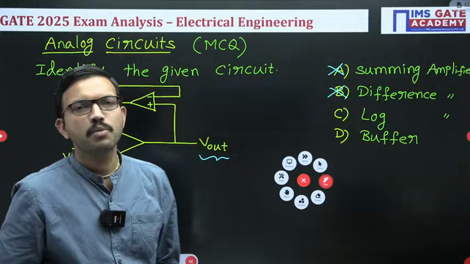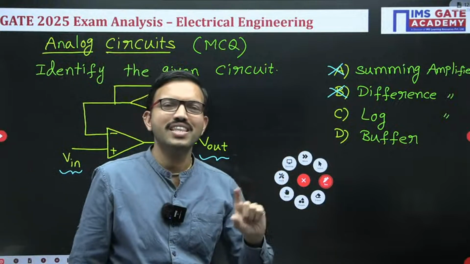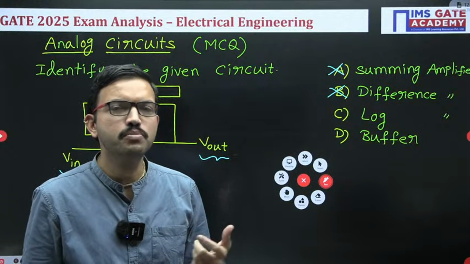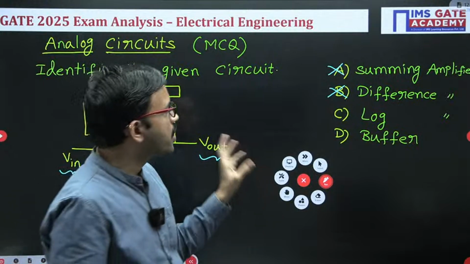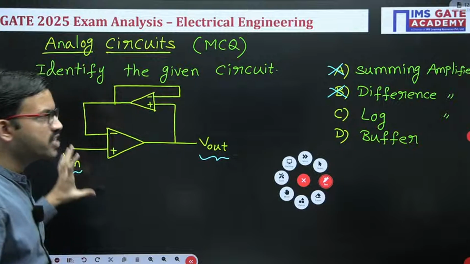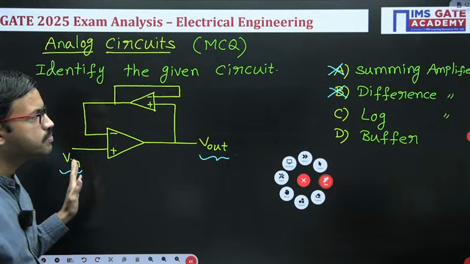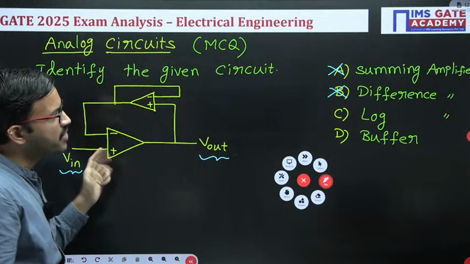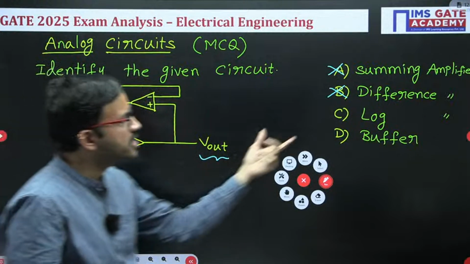Yes or no? Because if you want to perform either addition or subtraction, definitely you can have either 2 inputs or more than that, correct? If you are performing addition among the inputs, it is called summing. If you are having 2 inputs and perform subtraction, then it is a difference amplifier.